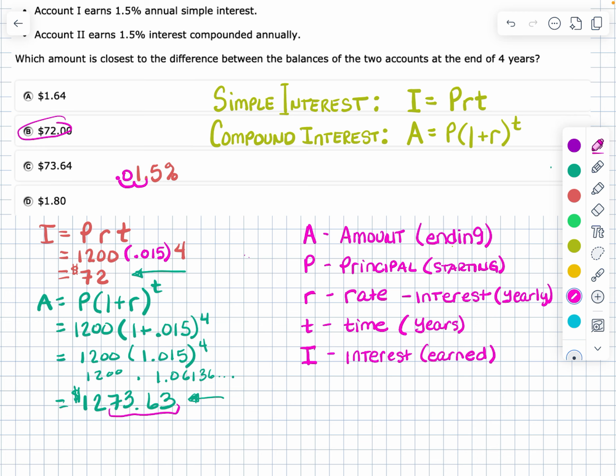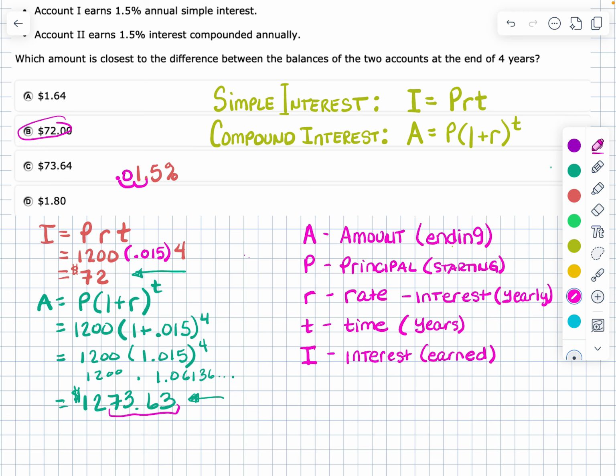I think it's my calculator, the way it's rounding. Oh, okay. I did not round it up. It should be 64 if I round it, because it's 1273.636. So 6 causes that to round up to a 4. Okay, so they have 73.64. Neither of these are correct.